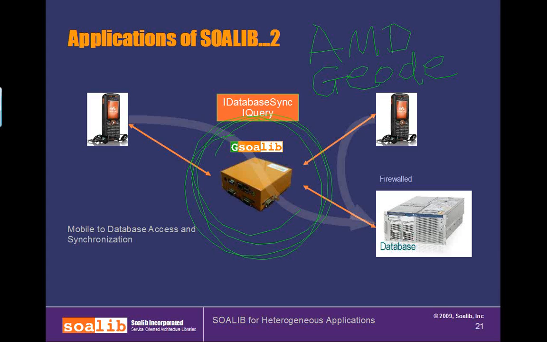SOALIB is sold as a WAR file. It's a Java application which you deploy in a Java application server, and in your own application you can integrate it with your own WAR file. There was another question, but I think I answered that.